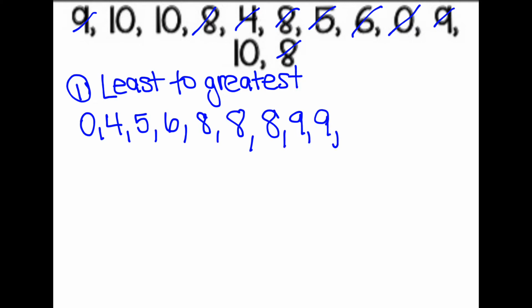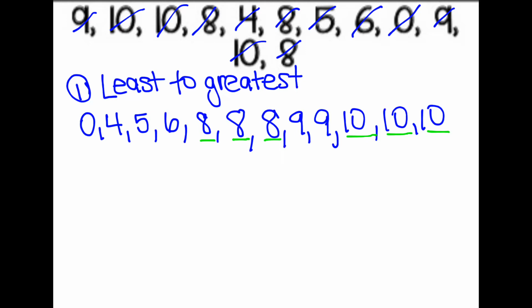And crossing off just makes me put the numbers in order and make sure I get all the numbers written down. A 10, 10, and another 10. So when we look at our data set, we know there's only 1 0, only 1 4, only 1 5, only 1 6. We have 3 8s, 2 9s, and 3 10s.